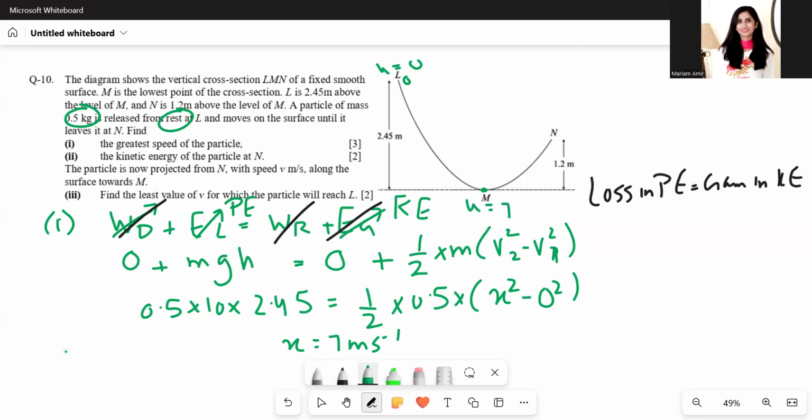Next, it says find the kinetic energy of the particle at N. Okay, so we now need kinetic energy here. Let's look at this region. Let's apply the energy conservation formula here again. Work done by driving force, 0, plus loss in energy.